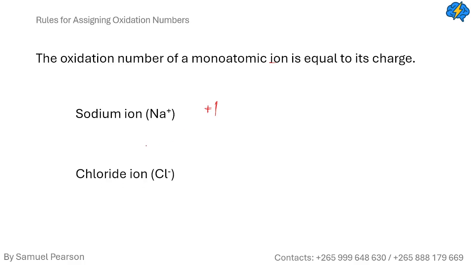The same applies for a monoatomic ion like chloride. Chloride ion has a charge of negative, so the oxidation number equals -1. So that's how we assign oxidation numbers to monoatomic ions. The charge equals the oxidation number of monoatomic ions.